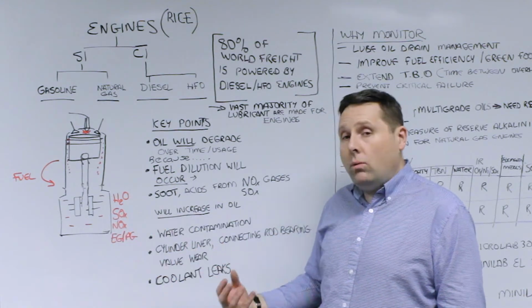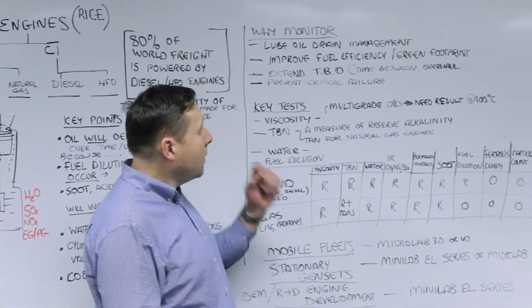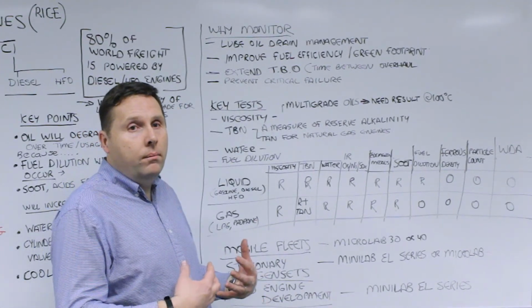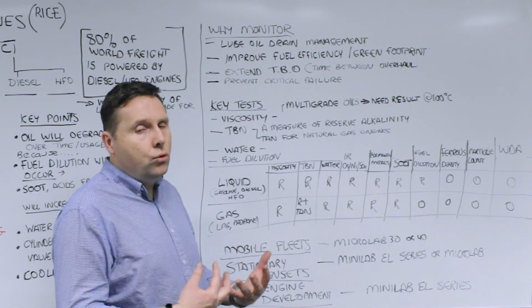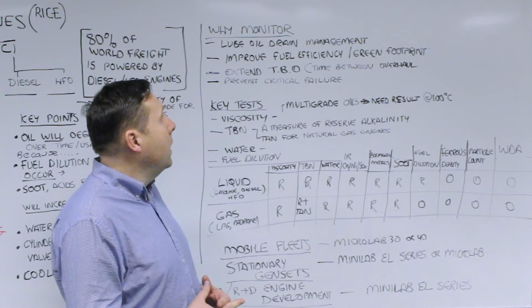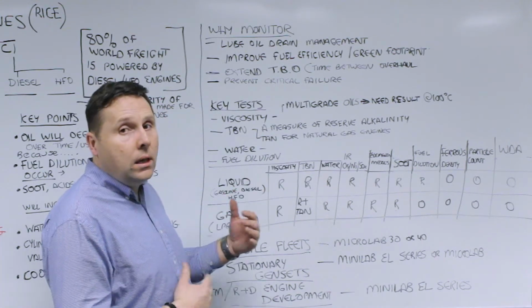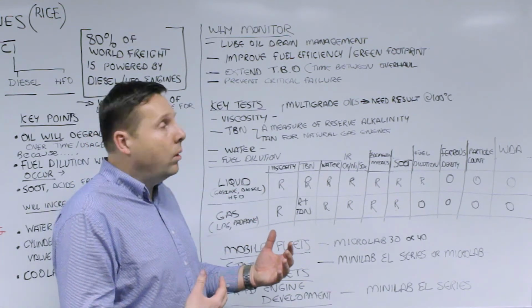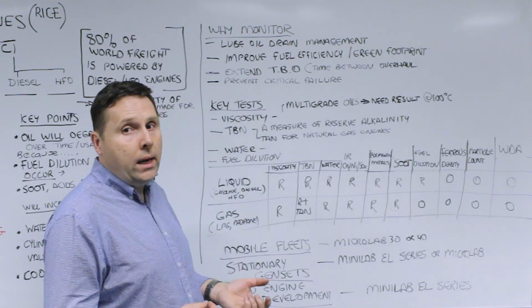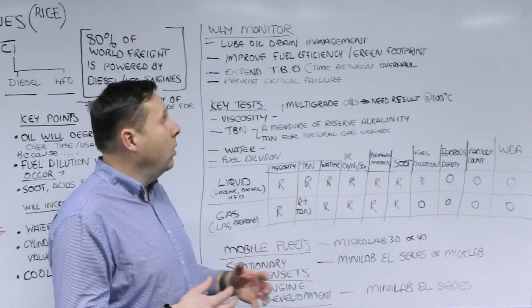So as a result of that, we need to monitor oil. Engines are the most widely monitored application. Actually, most oil analysis when it first started was based on engine oil analysis, and it's still the largest component that's monitored worldwide. We do it for four major reasons. One is lube oil drain interval extension and to manage the oil better.